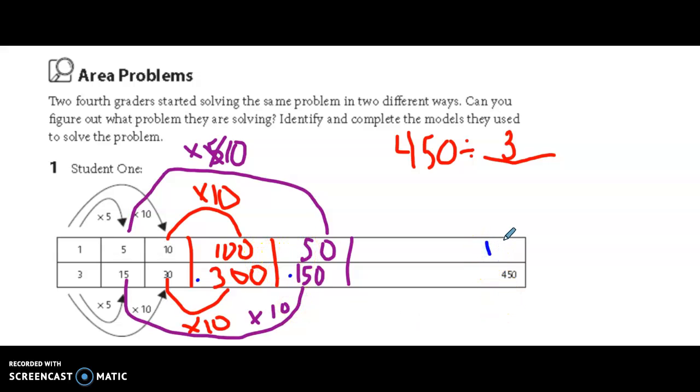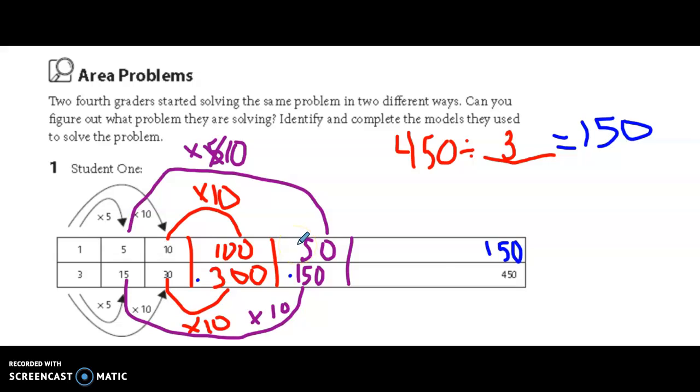So that must mean that 450 divided by 3 equals 150. Because I multiplied my numbers to get combinations to make 450. And whatever combinations I use to make 450 helps me find my quotient, or my answer to my division problem.